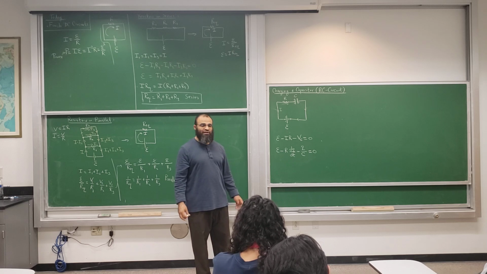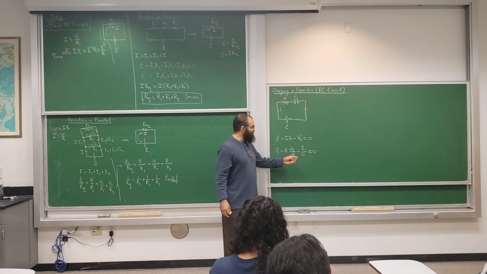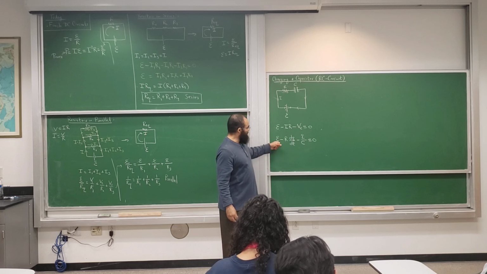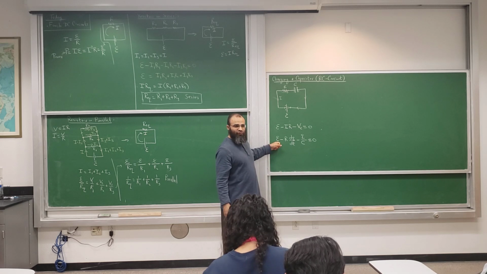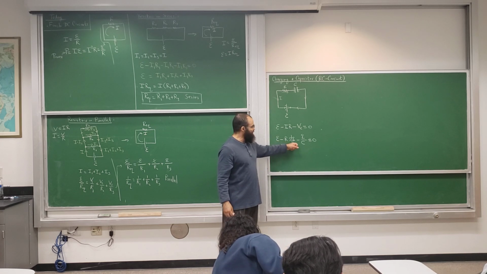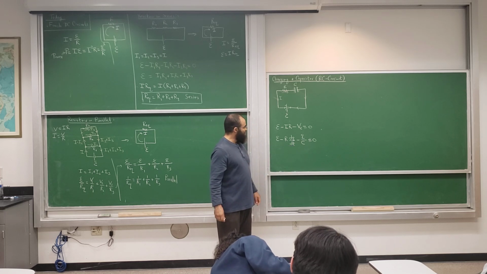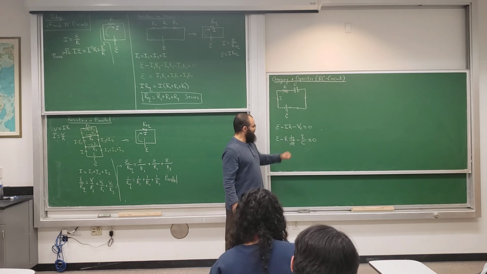I want to get this equation in terms of Q. The battery's EMF or voltage is constant, the resistance is constant, the C is constant. So let me move dq dt.